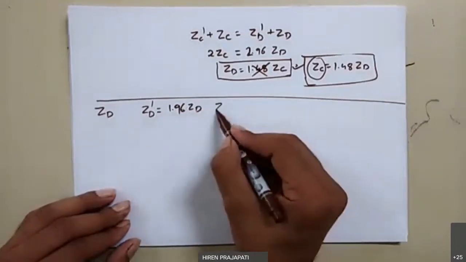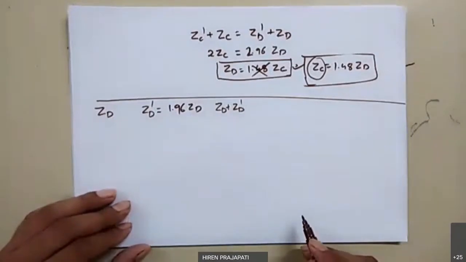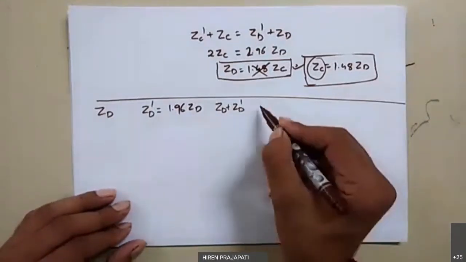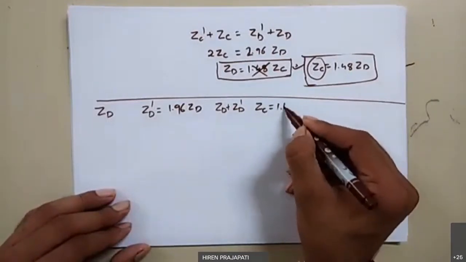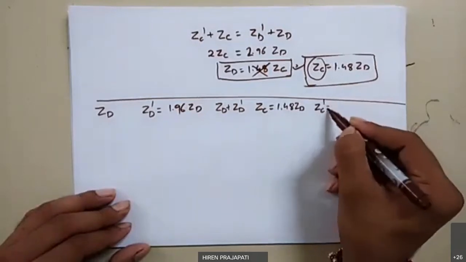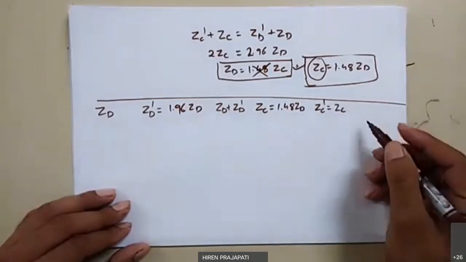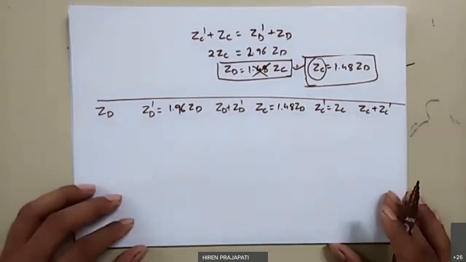Next, we need to check the total number of teeth on both the gears which are in a pair. ZC is 1.48 times ZD. ZC dash is equal to ZC, and then ZC plus ZC dash. So these are the 6 columns.